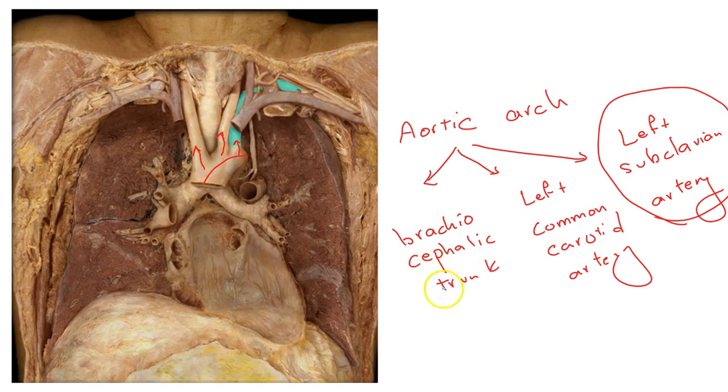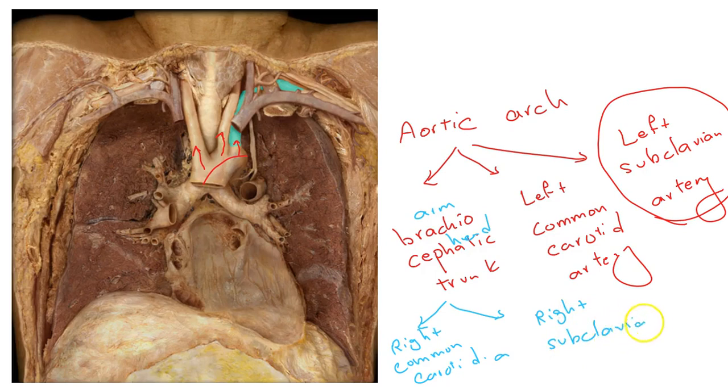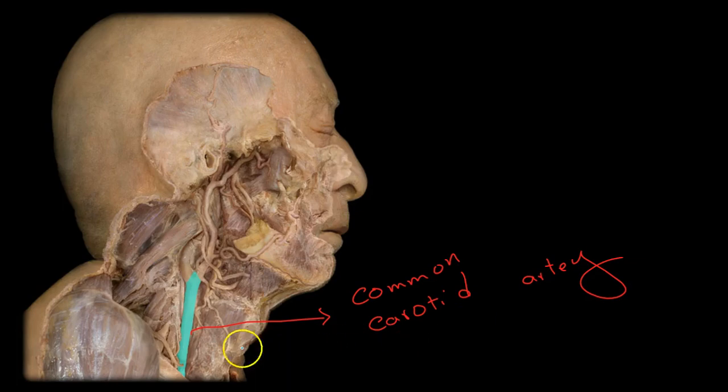So what does brachio mean? It means arm, right? What does cephalic mean? It means head. So the brachiocephalic trunk is going to give these two branches: the right common carotid artery, and then the right subclavian artery.